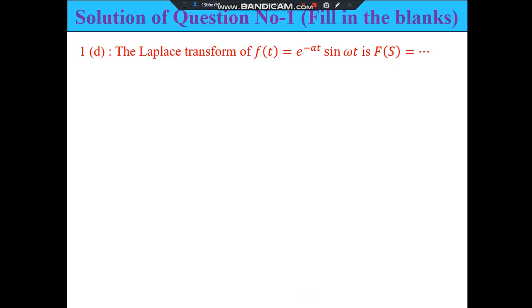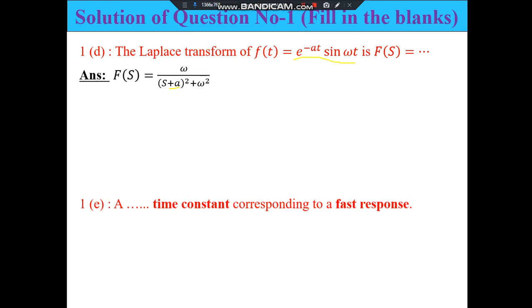Next question is the Laplace transform of e to the power minus a t sin omega t. Sin omega t gives omega over s square plus omega square. Here a is minus, so here it will be plus a. So s in place of s will be s plus a whole square plus omega square.